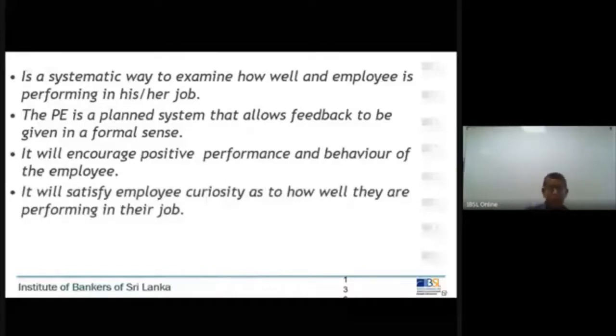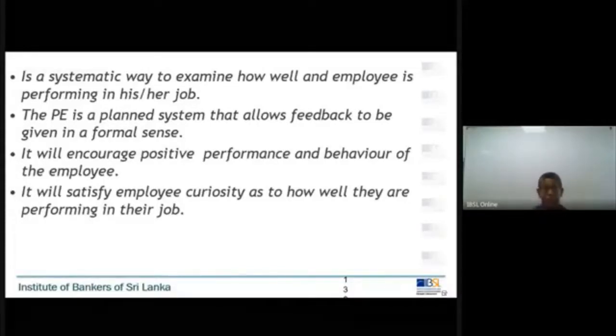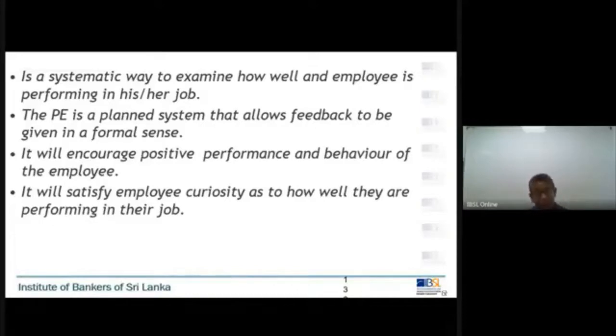Everybody is willing to know how they are evaluated by their manager, supervisor or management. Everybody likes to know how my boss will evaluate my performance. So employee curiosity is there through this performance appraisal, right?